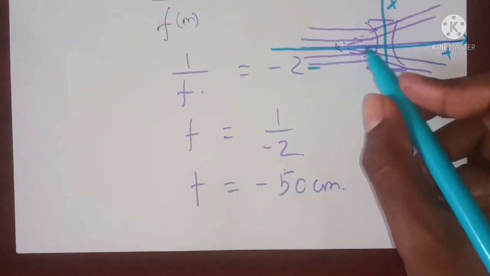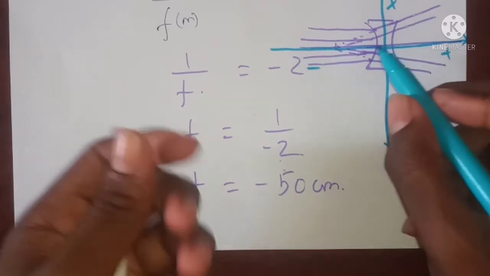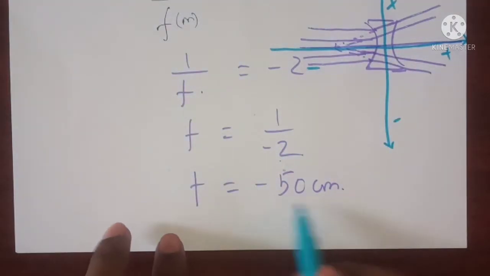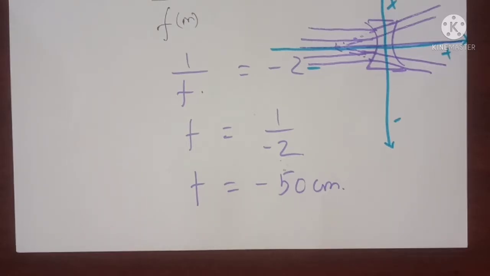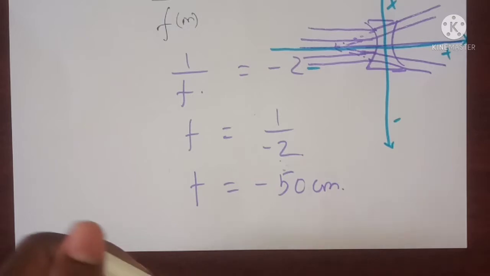So the focus of a concave lens is on the negative side, so we are getting -50 centimeter. So our answer is that the lens is a concave lens.